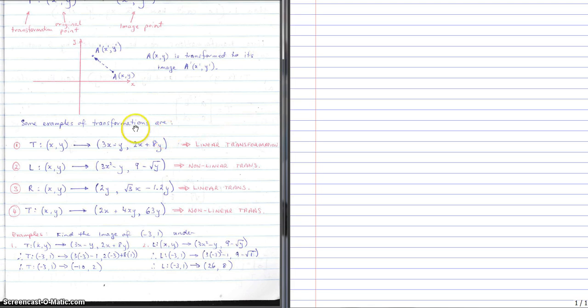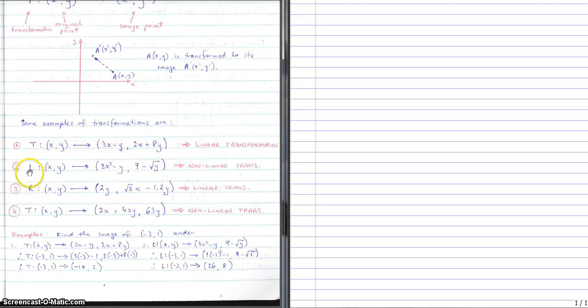The new y point will change according to this rule: 2 times x and we add 8 times y, and that gives us our new y point. This is a linear transformation because the powers of x and y in both of these rules are linear, are 1. They're both linear expressions in x and y.